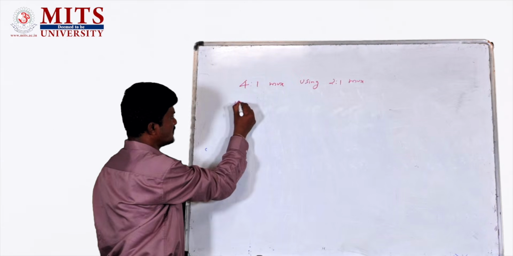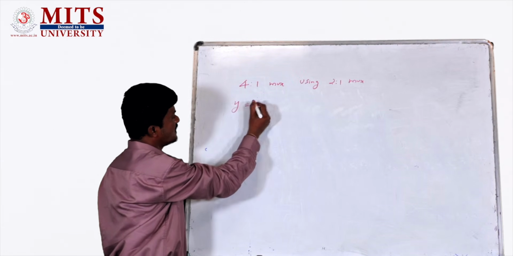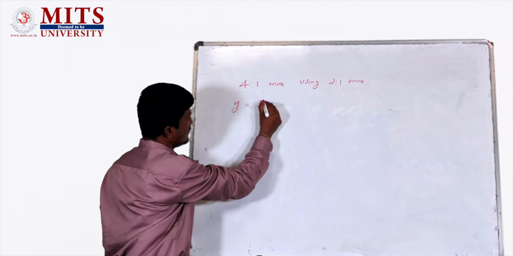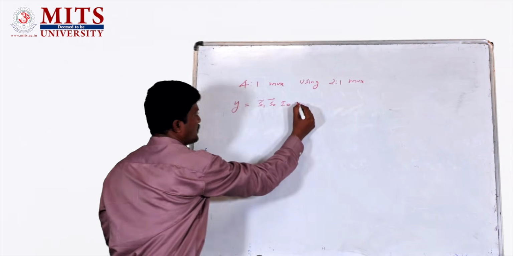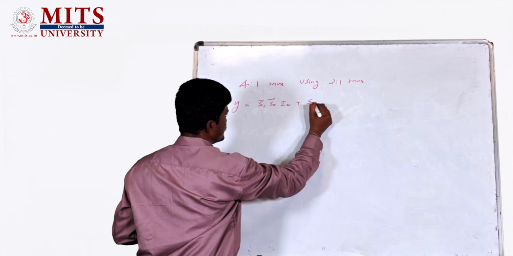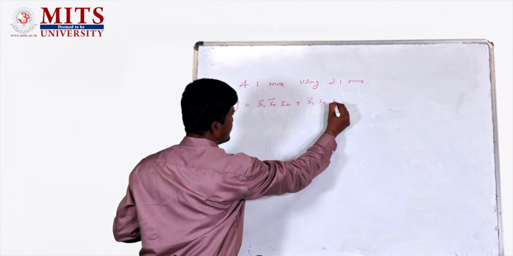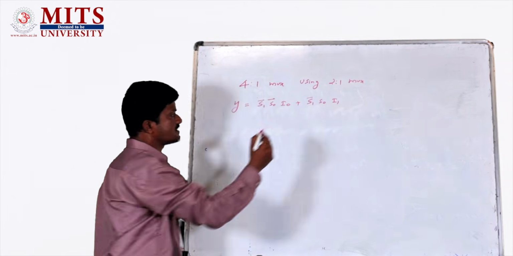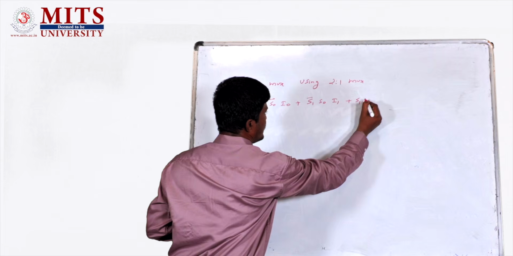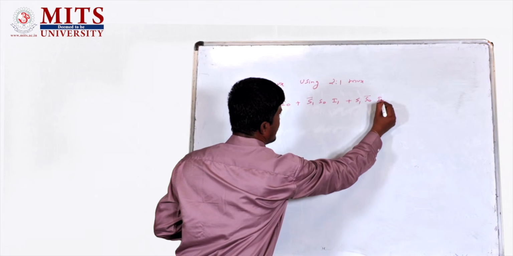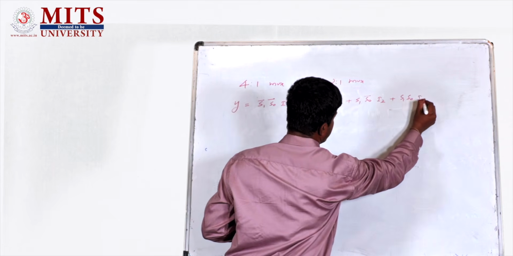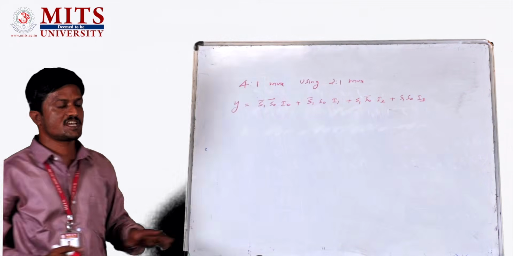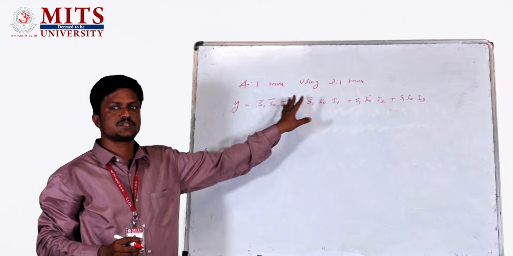We have already discussed it. S1 bar, S0 bar, I0 plus S1 bar, S0, I1 plus S1, S0 bar, I2 plus S1, S0, I3. So this is the logic expression for 4 is to 1 mux.